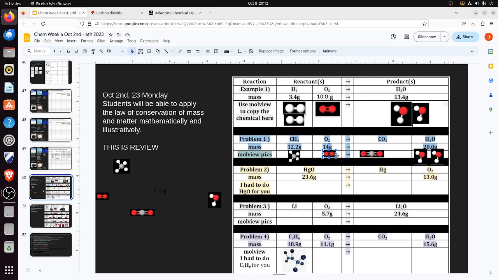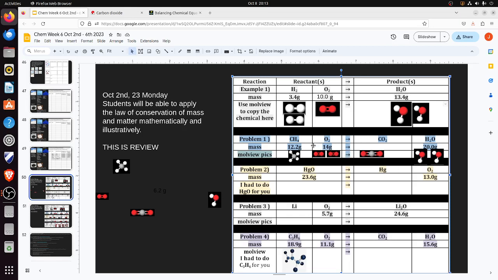We need to show the conservation by doubling the oxygen atoms. And there we go. So now we have 4 red oxygen atoms coming into this chemical change, 4 red oxygen atoms coming out of this chemical change. So yay, our law of conservation of matter is being represented quite accurately.